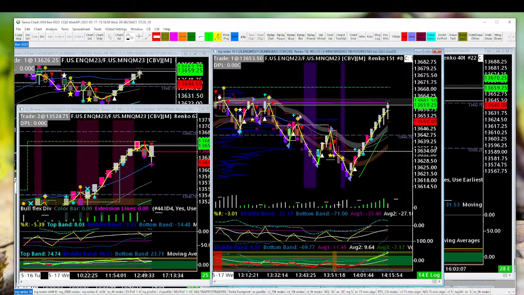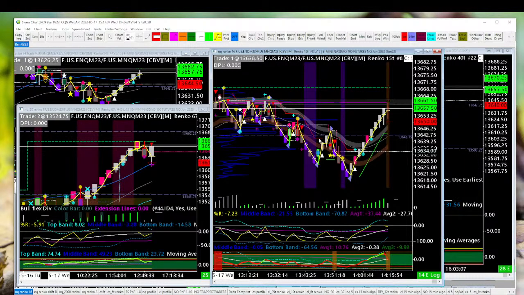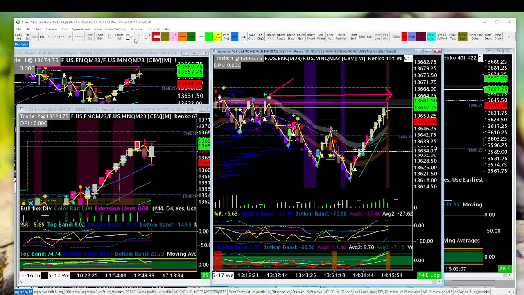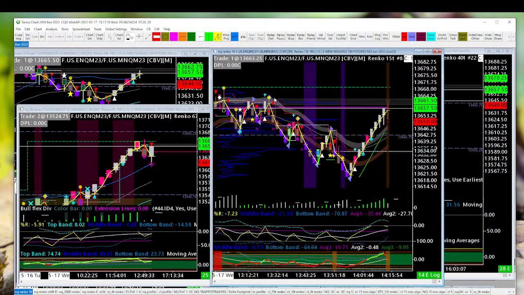So had I taken this one, when that little one stopped out and it immediately fell back down again, that's an acceptable entry short. And if I take that, the stop for that sits up here. So getting up there with price has the potential to blow off the top.